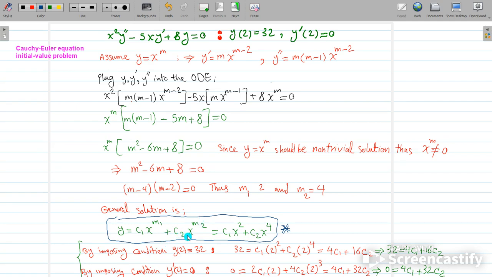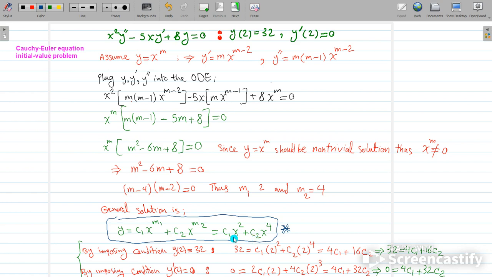For the second one, the same idea: if x to the m2 is a solution, then after multiplication by c2 as a constant, again we have a solution of the original ODE. So we get y equals c1 x squared plus c2 x to the 4.